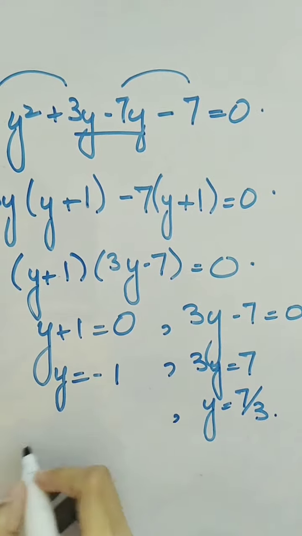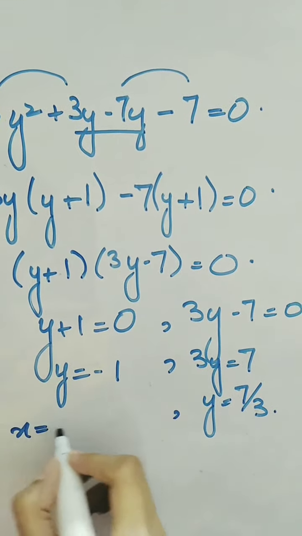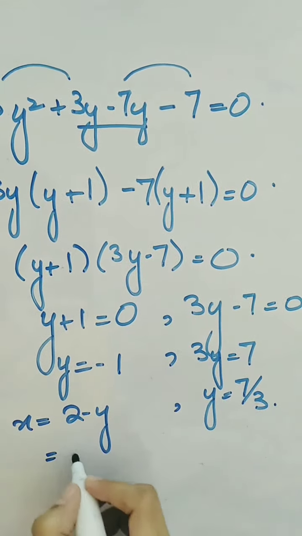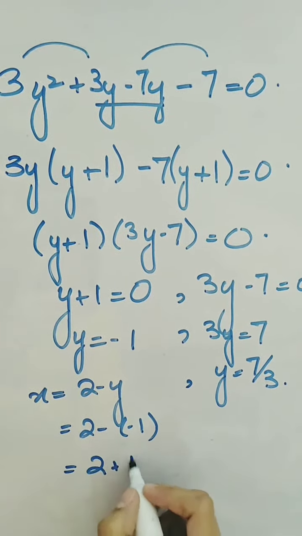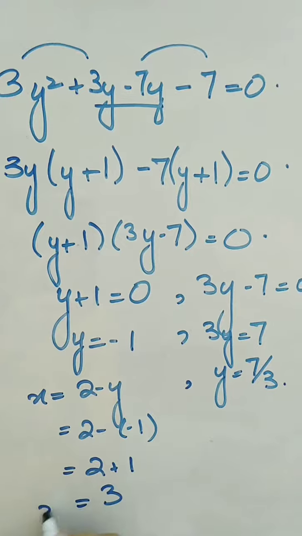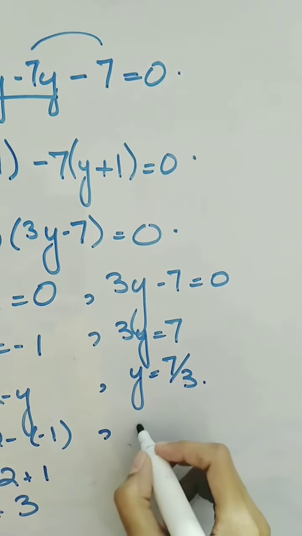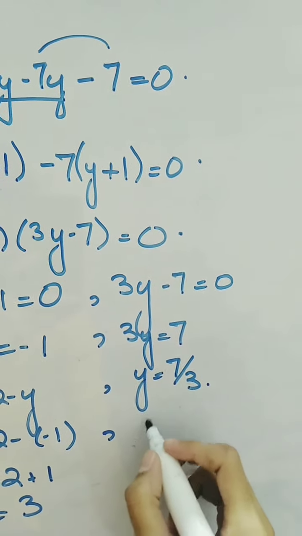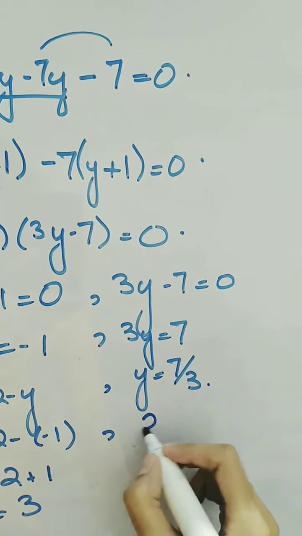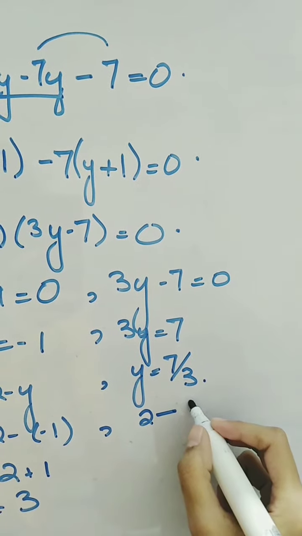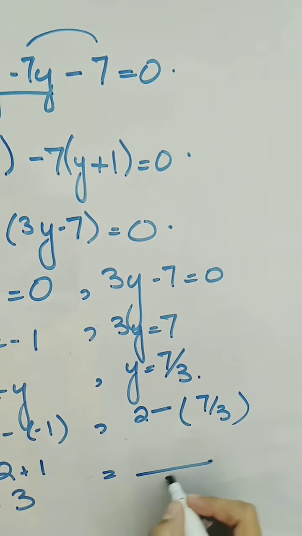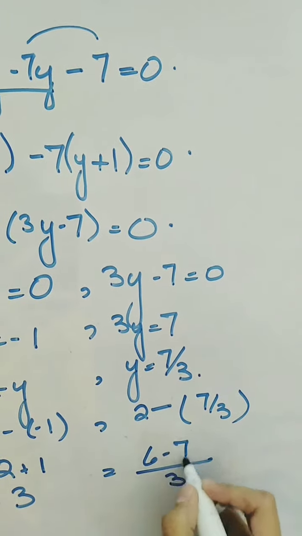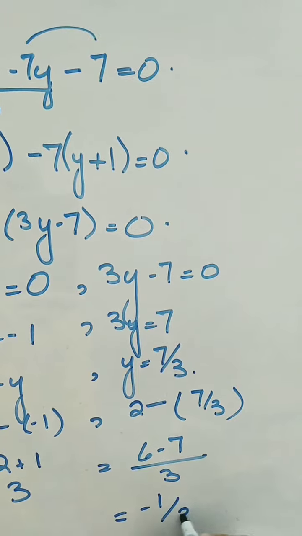Now for y is equal to minus 1, x is equal to 2 minus minus 1, 2 plus 1, 3. And for y is equal to 7 over 3, we have 2 minus 7 over 3, or we take the LCM, we have minus 1 over 3.